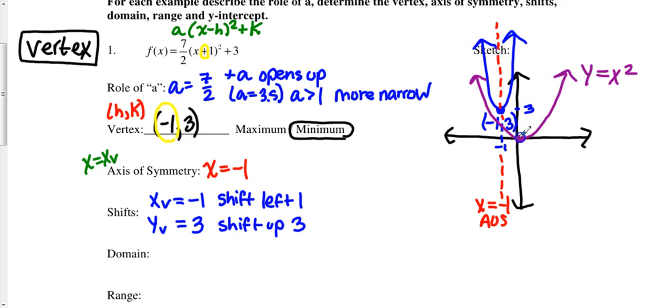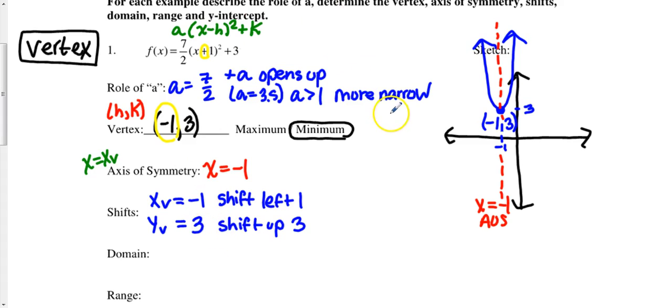So the original vertex 0, 0 was shifted left 1 and then up 3. That's how it got right there. So again, the vertex is the boss when it comes to shifts, left and right, and then up or down.